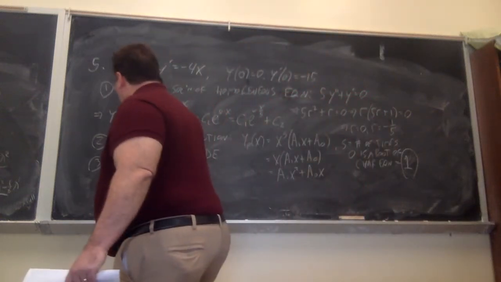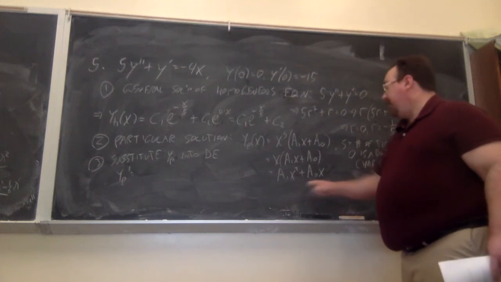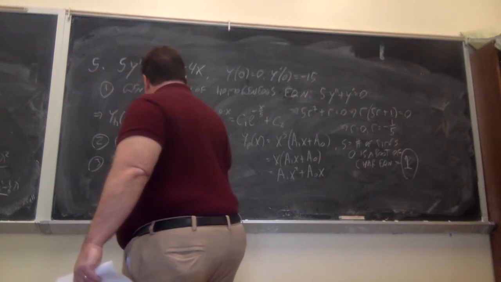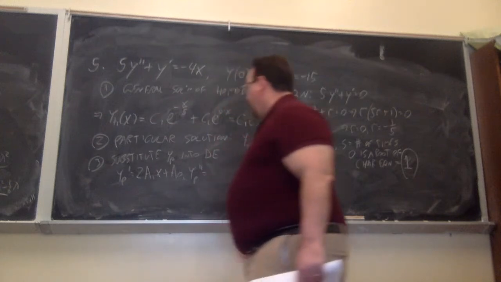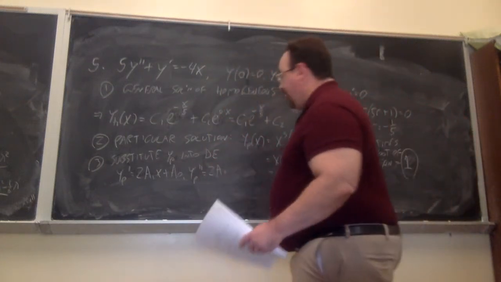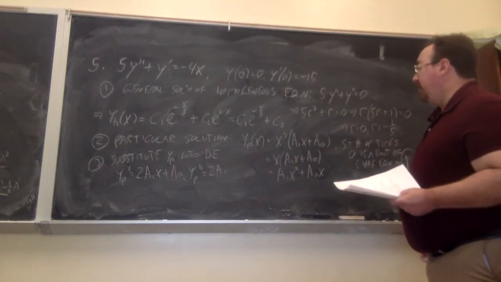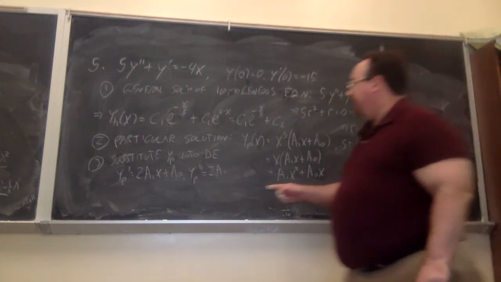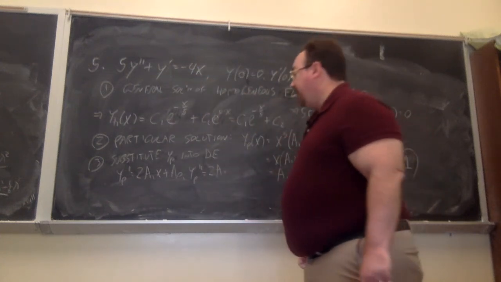So yp prime is equal to the derivative of this, which is going to be 2a1x plus a0. And we also need the second derivative. Yp double prime is going to be 2a1. So now we have the particular solution, its first and second derivatives, and we can substitute all of these into the original differential equation.